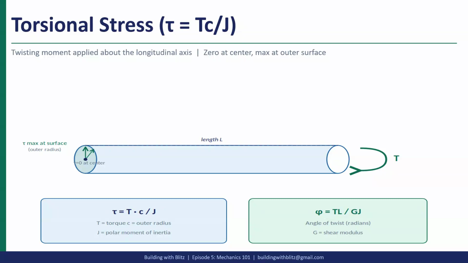Another measurement, the angle of twist, as you see on the bottom right, is the deflection measurement of torsion, and that is the torsional force times the length divided by the shear modulus. Like I said, torsion and shear are very similar. Then we have the shear modulus and the polar moment of inertia. Again, this is the resisting factor there.